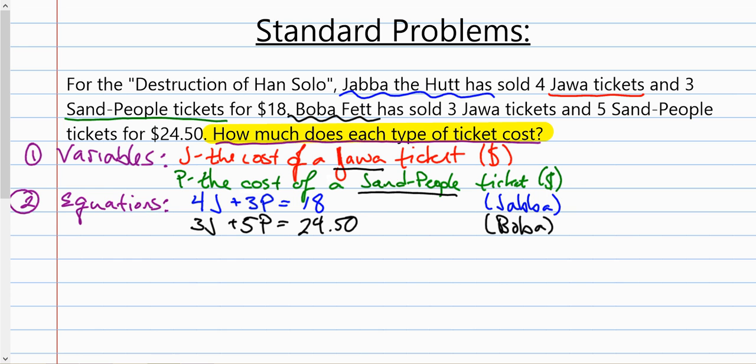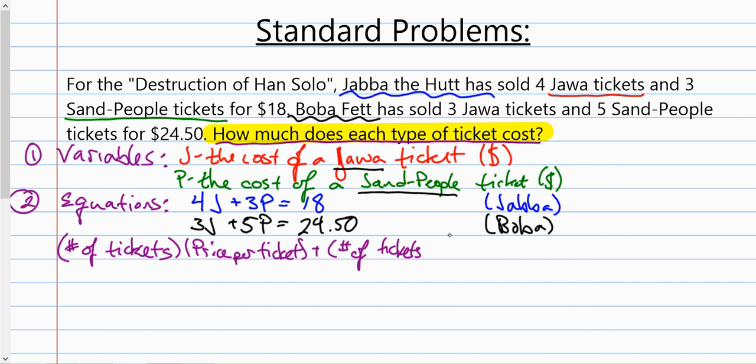The overall equation that we're writing here is number of tickets times the price per ticket plus the number of tickets times the other price per ticket is going to give us our total, I don't know, total income, I guess.